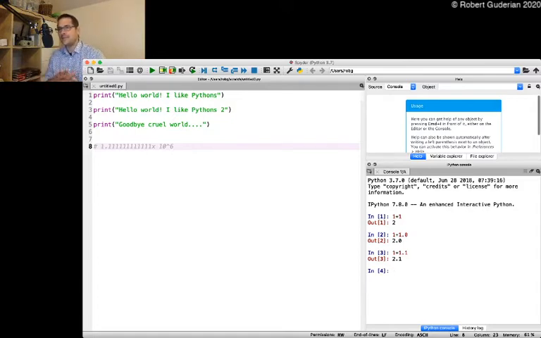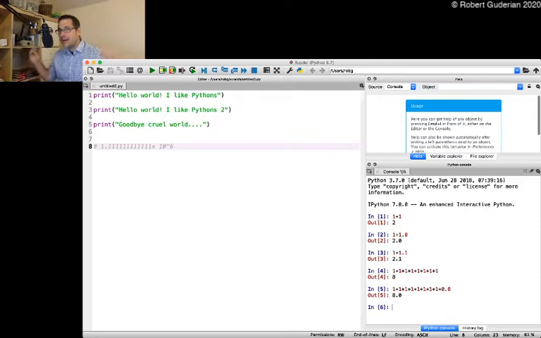So this is for consistency within the language. If you do addition or subtraction, and we can have a whole number of these, right? 1 plus 1 plus 1 plus 1 plus 1 plus 1. Those are all integers. It's going to return an integer. But if I press up and subtract 0.0, which is literally nothing, or I add 0.0, the result will be a float, because there's at least one float.